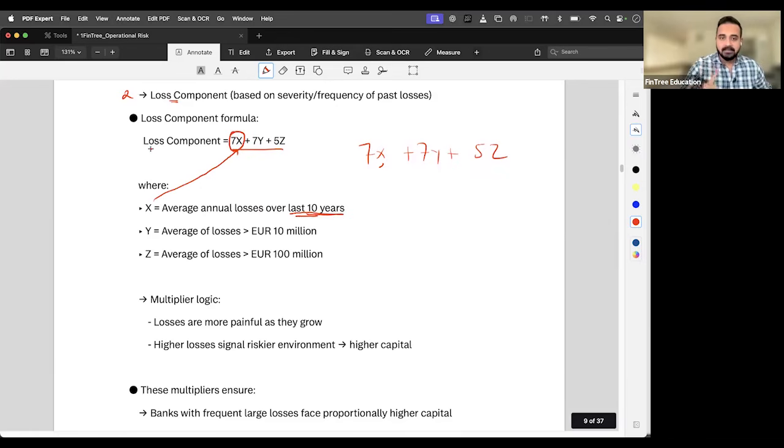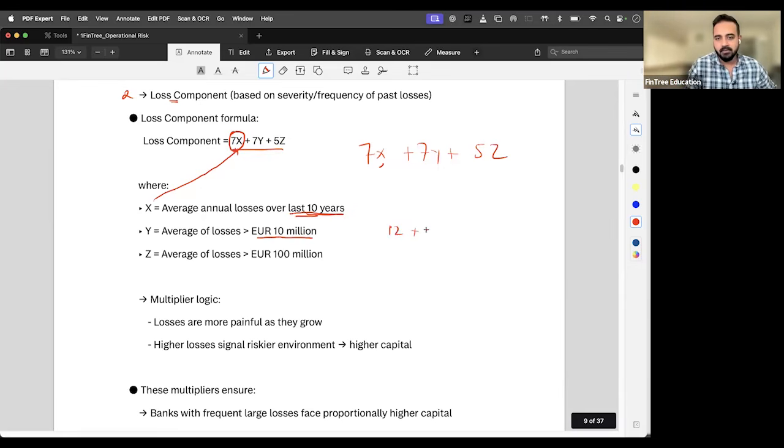But not only that, the bank is also going to punish you if you have losses of 10 million or more. Imagine a bank which is having too many small losses, right? Then they have to worry only about the 7x component. They don't have to worry about 7y or 5z. But what if you had a few large losses? Let's say about 3 of them.